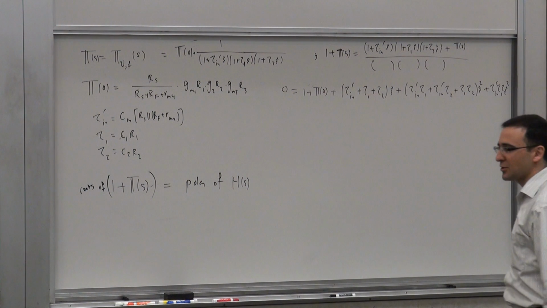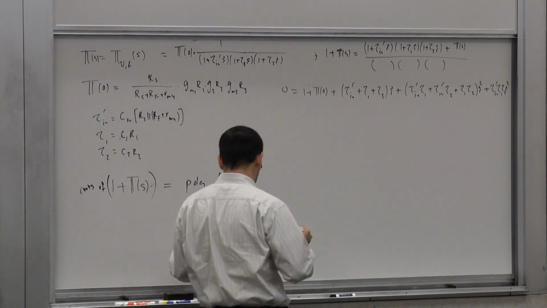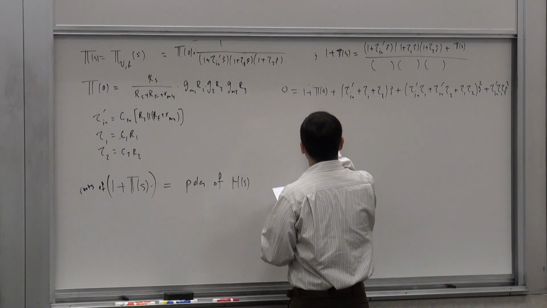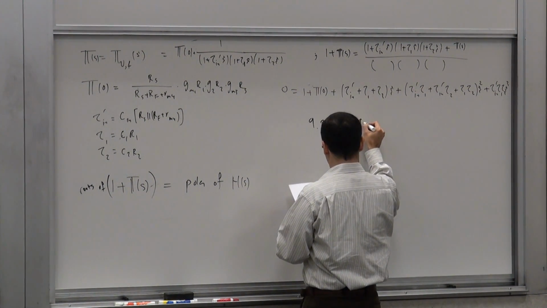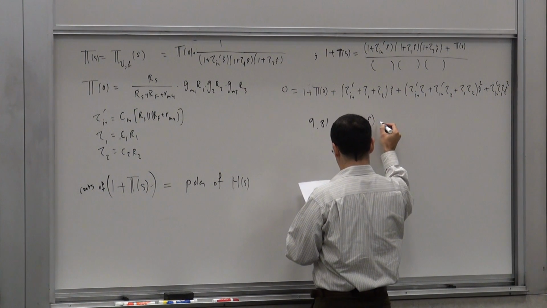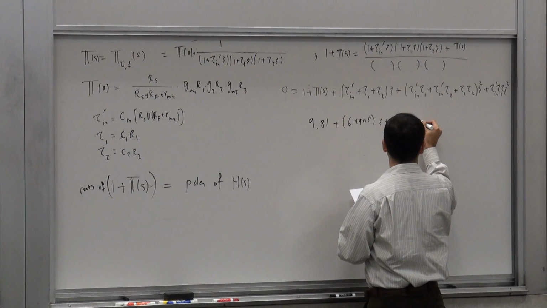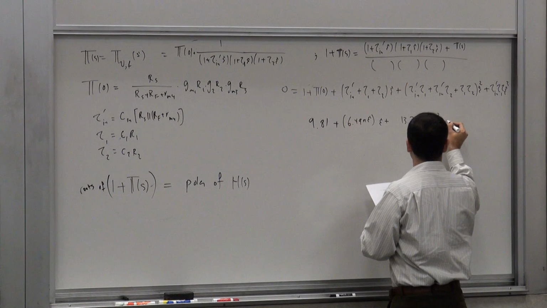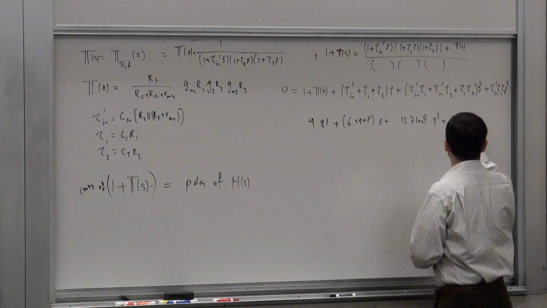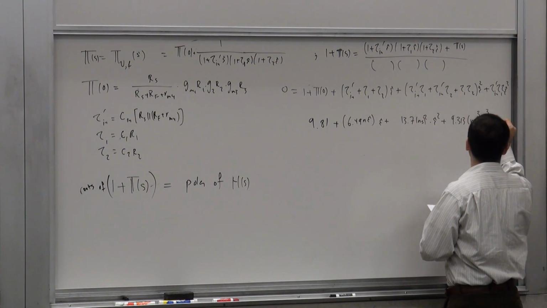Let's put numbers in it. Based on the things that we had, you get something like this: 9.81 plus 6.49 nanoseconds times S plus 13.7 nanoseconds squared times S squared plus 9.313 nanoseconds cubed S cubed equals 0.